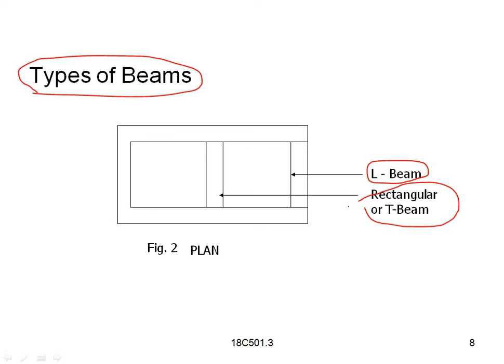So the L beam and rectangular beam are described as: in this type the L beam will be there, whereas the rectangular or T beam will be in this condition. This is the actual elevation and this is called plan.